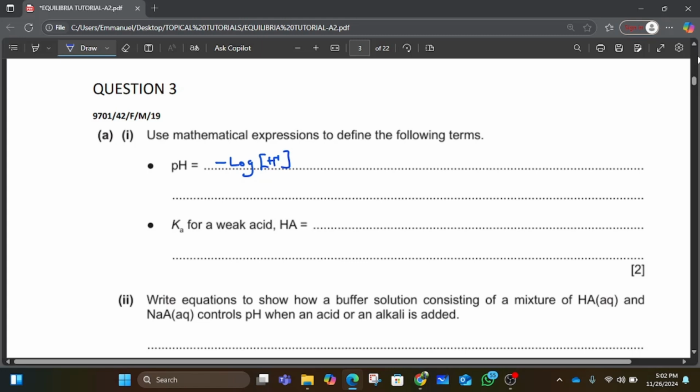And for Ka of a weak acid HA, when you dissociate HA, you realize that you get H plus aqueous plus A minus aqueous. And so the Ka for this is going to be concentration of H plus times the concentration of A minus, divided by concentration of the acid, which is HA.